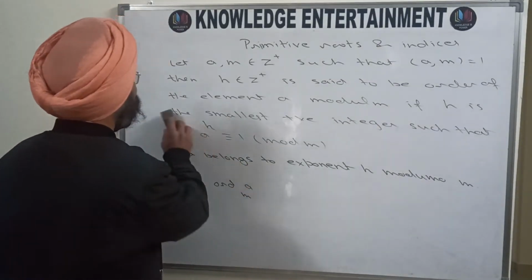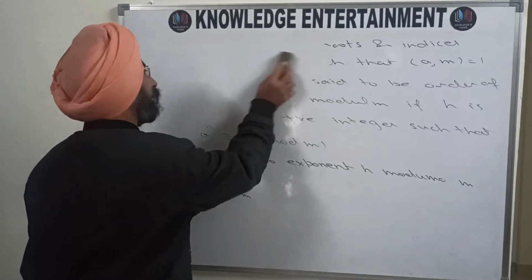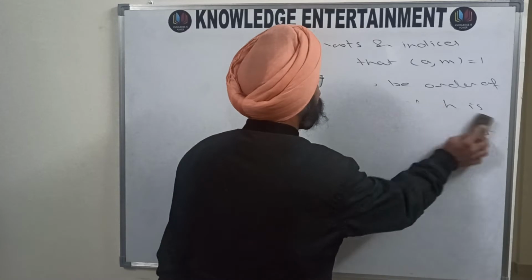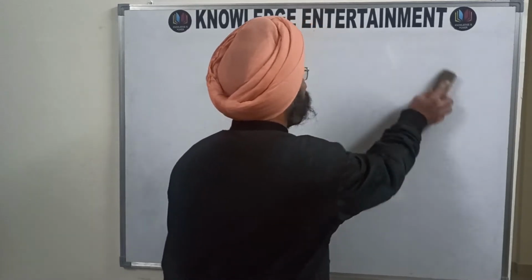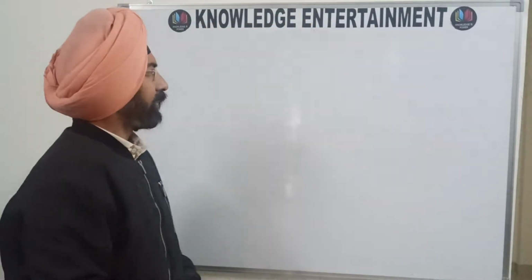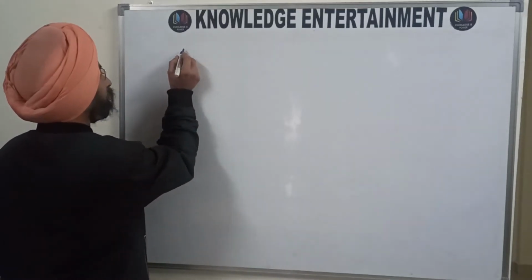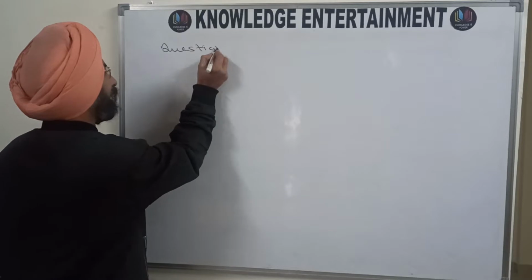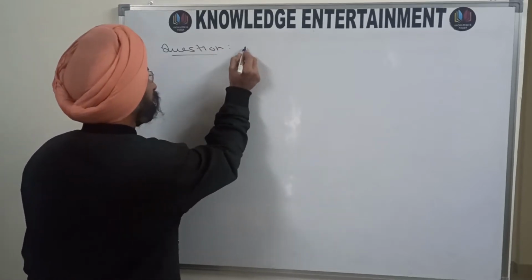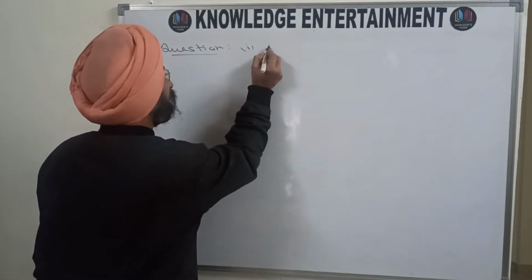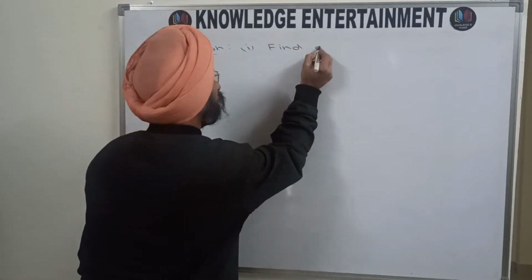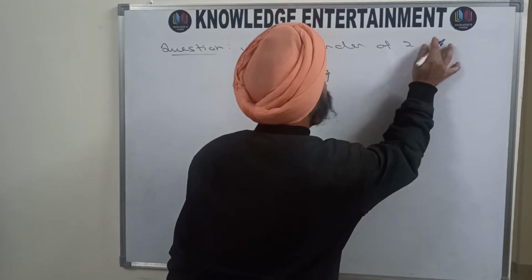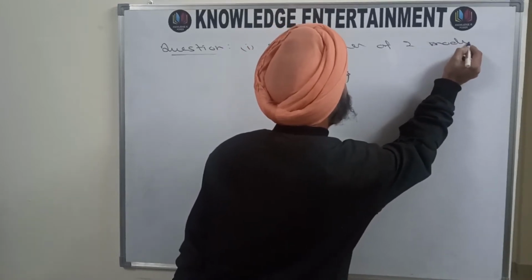So with the definition, let us have some examples. Let us find order of some elements modulo some natural numbers. I am taking 2 or 3 parts. Find order of 2 modulo 5.